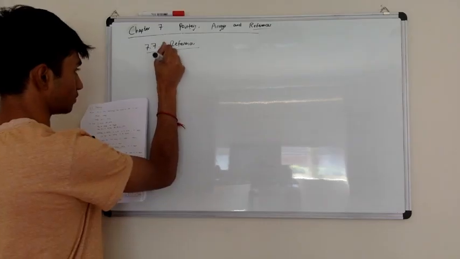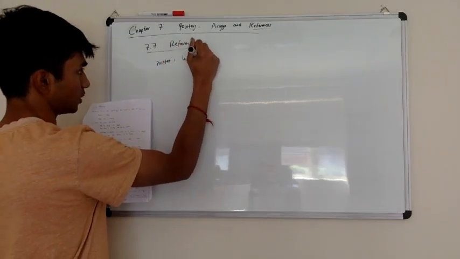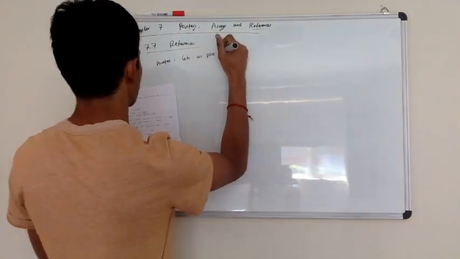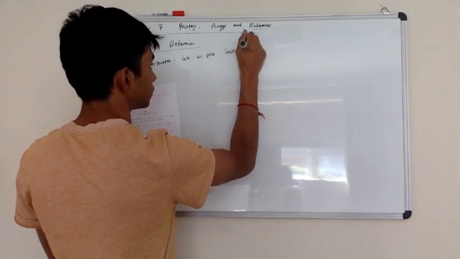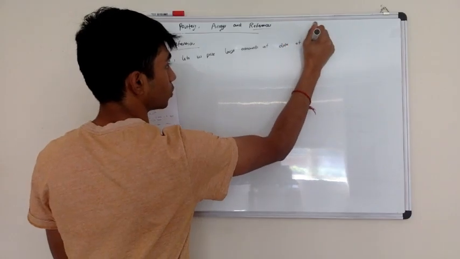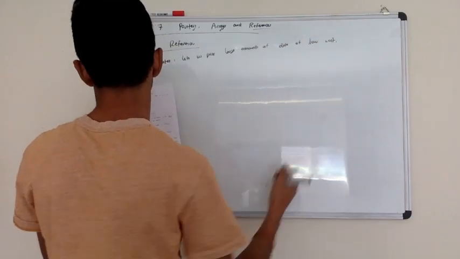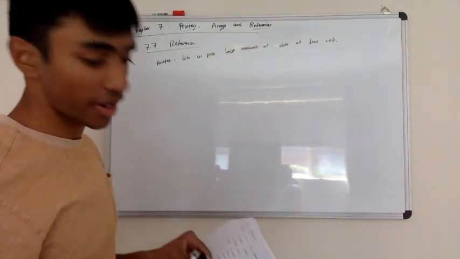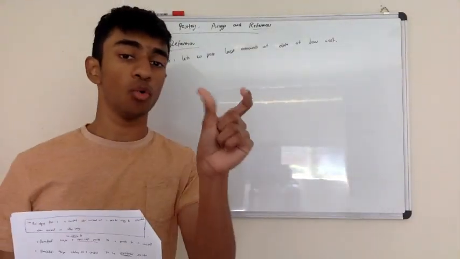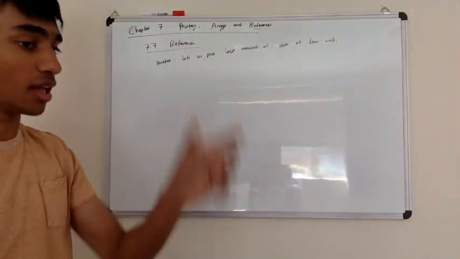Pointers, we have seen, let us pass into functions potentially large amounts of data at low cost. For example, if you were to pass an array into a function, what's really happening under the hood is that not all the elements of the array are copied and passed along.